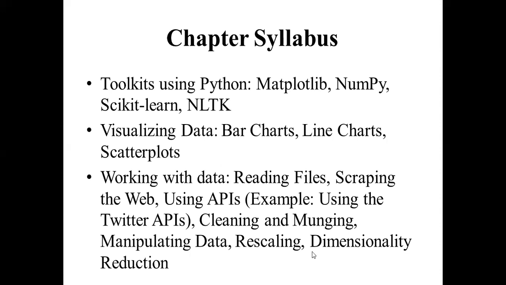The next is cleaning and munging the data. Cleaning and munging data means that whatever raw data we have, different in nature and different in scale or measurements, requires pre-processing. These are the pre-processing techniques applied on the data to make it available for analysis.